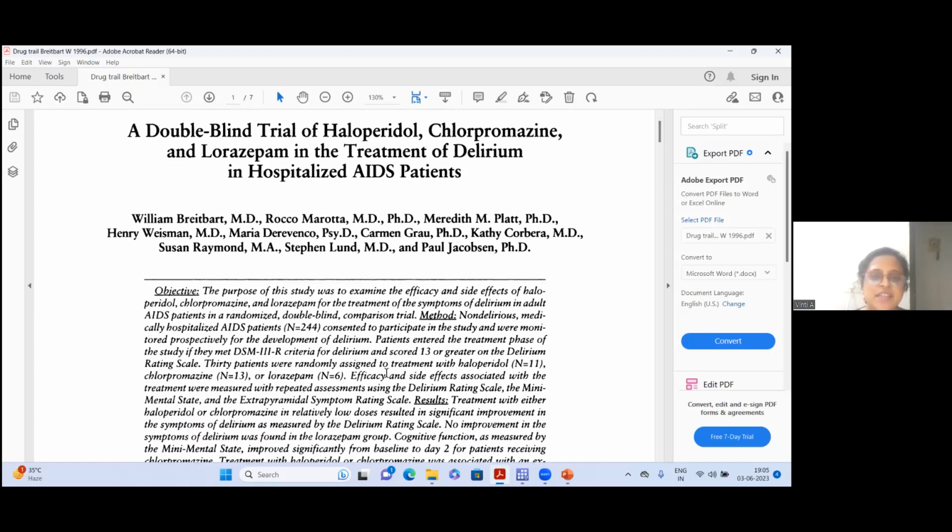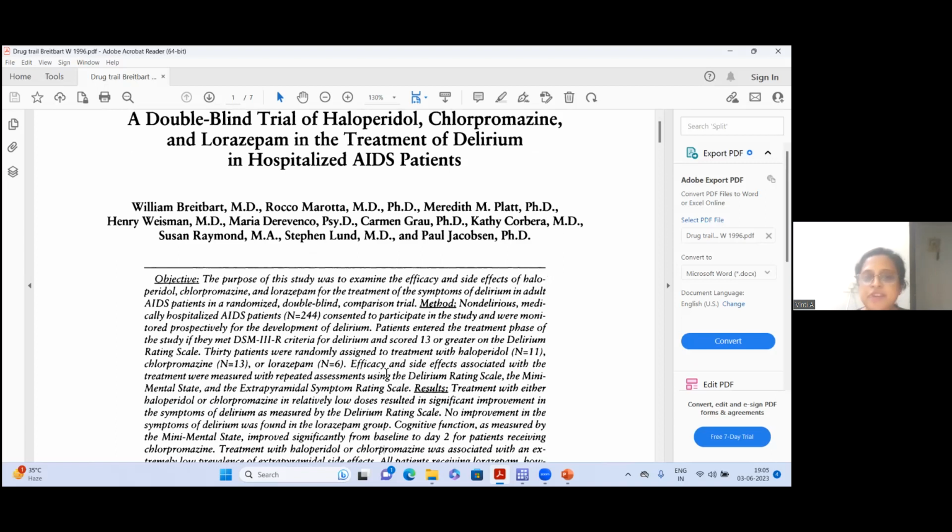It says patients entered this treatment phase of the study if they met DSM-III-R criteria for delirium and scored 13 or greater on the Delirium Rating Scale.